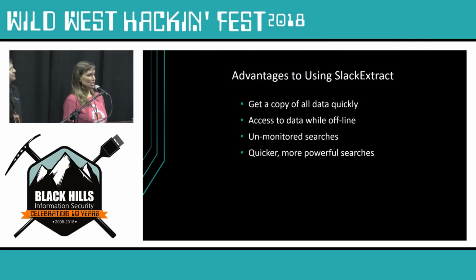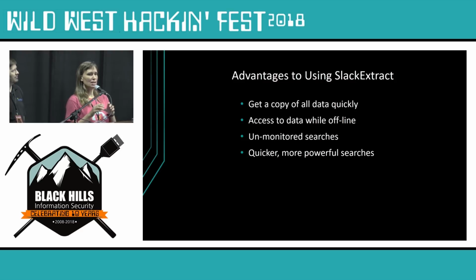Okay, so the advantages of using Slack Extract are that you quickly get an offline copy of all the data that this user has access to. So if you were to lose access shortly after gaining it, at least you have that data available to still look through. Also, you can search through that data offline, which means if you're searching for certain sensitive words, the defenders won't see that.